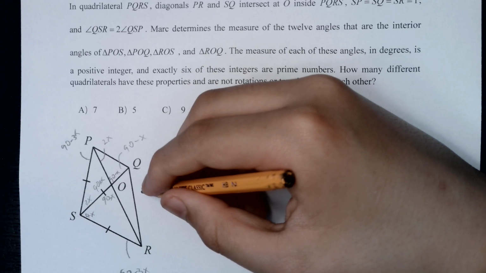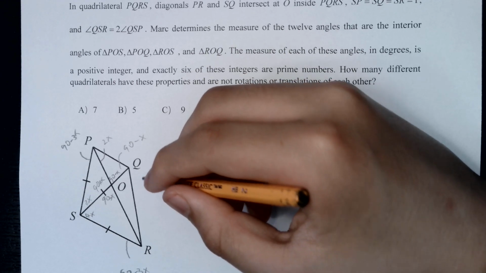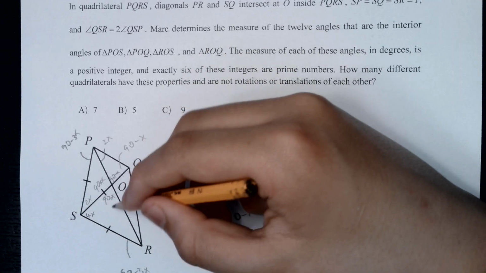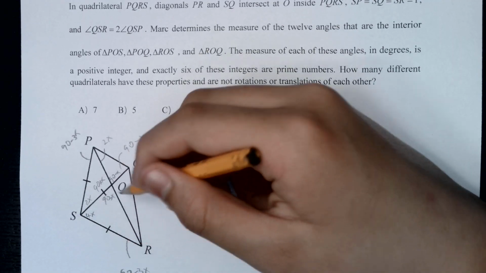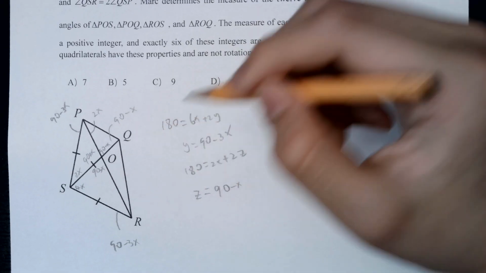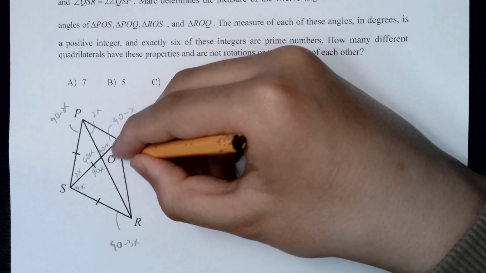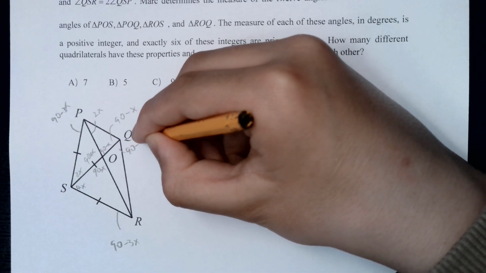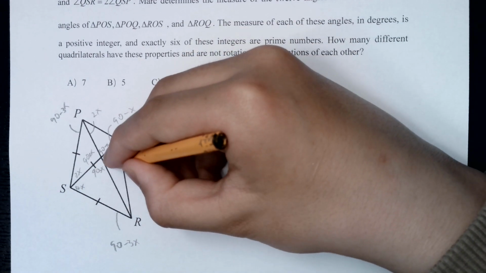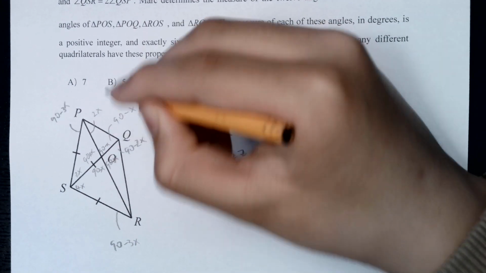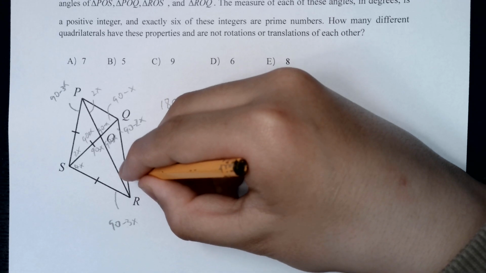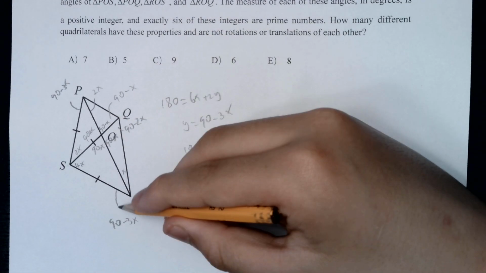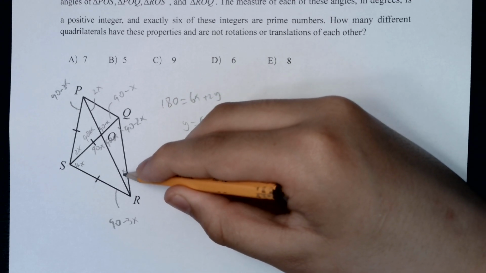And here is where it gets a little interesting. Although it's still pretty simple, there's just a bigger isosceles triangle, and we have a 4x here. So in other words, this will be 180 minus 4x divided by 2. So here is going to be 90 minus 2x. Here's going to be 90 plus x. And down here is just going to be x. Why? Well, because this bigger angle is 90 minus 2x, the smaller part is 90 minus 3x, so here is obviously going to be x.